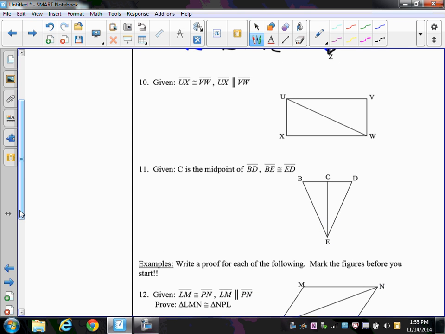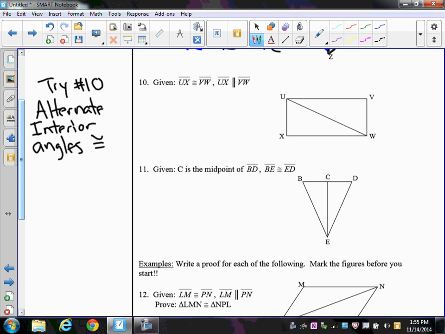So you should try number 10. And in order to do this, you have to remember that alternate interior angles are congruent.